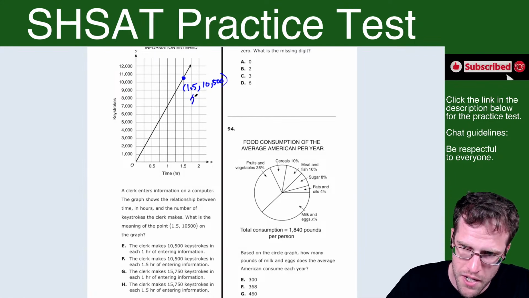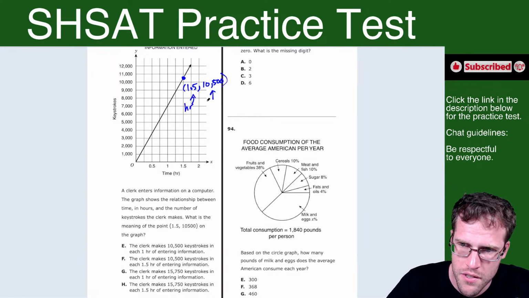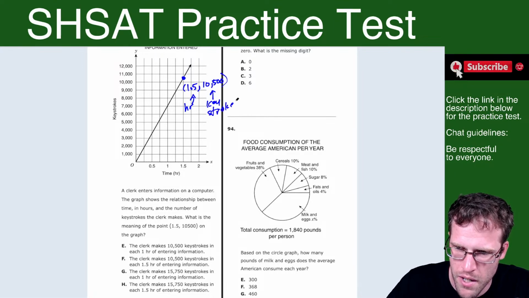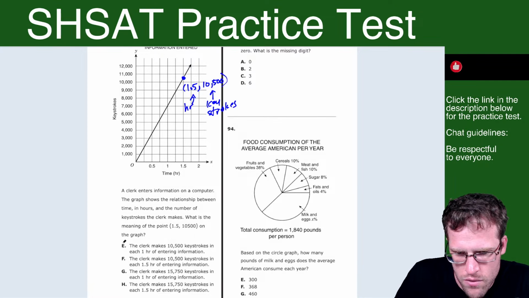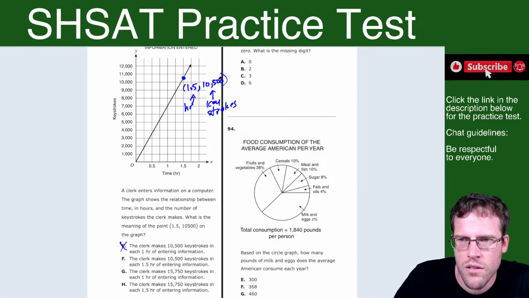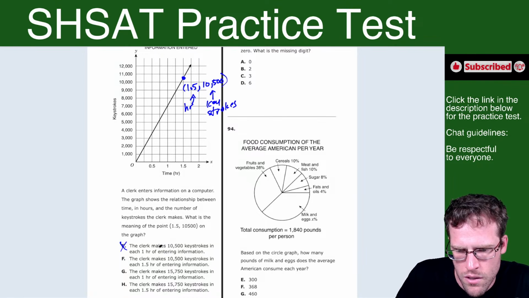Okay, so remember, this is the time in hours, and this is keystrokes. So this is like the same question as before, sort of. A clerk makes 10,500 keystrokes in each hour of entering. No. The clerk makes 10,500 keystrokes in 1.5 hours. So this one looks good.